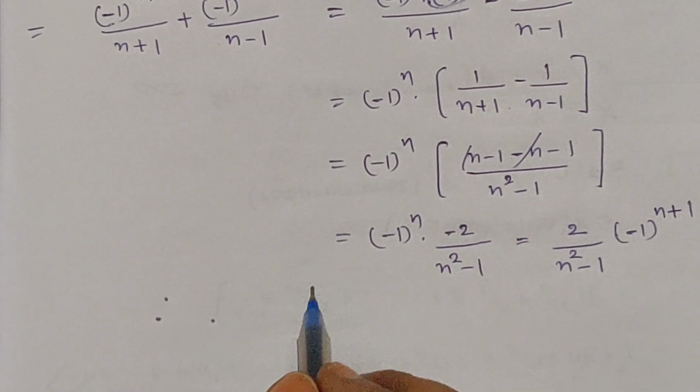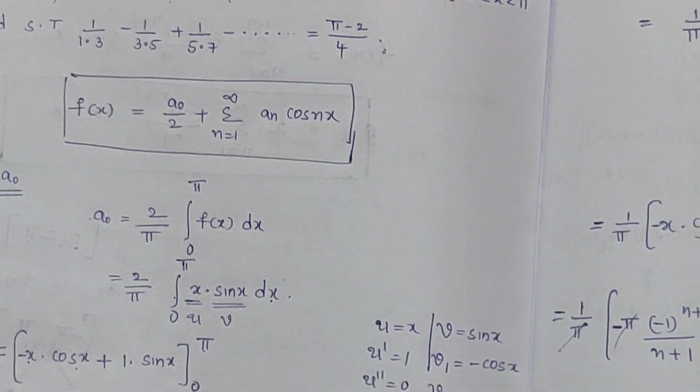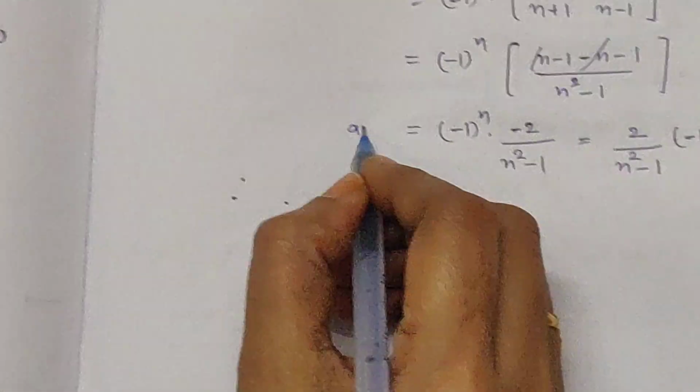Therefore, here we are finding the half-range Fourier cosine series. Already a0 is determined and we got an.